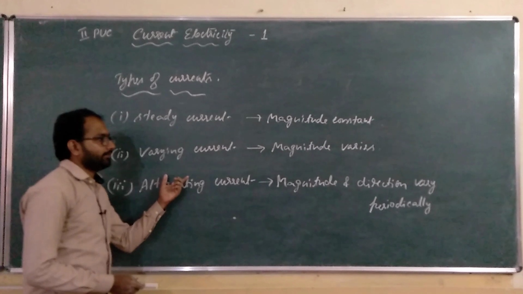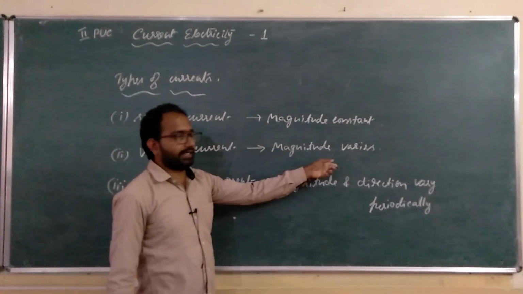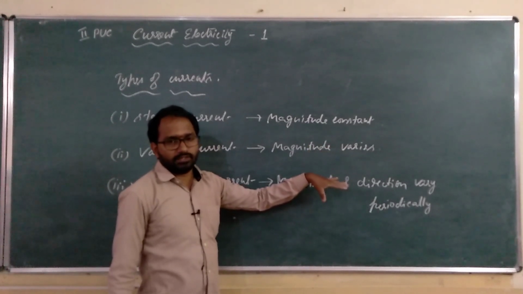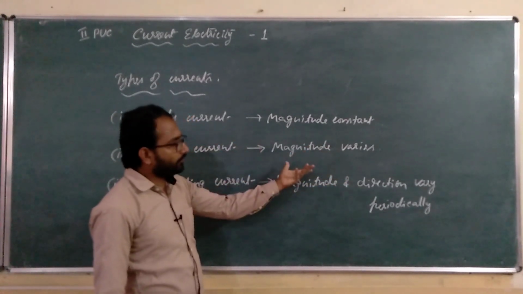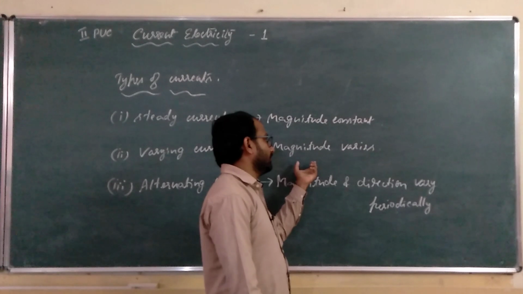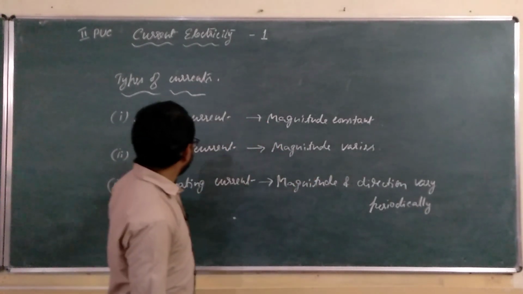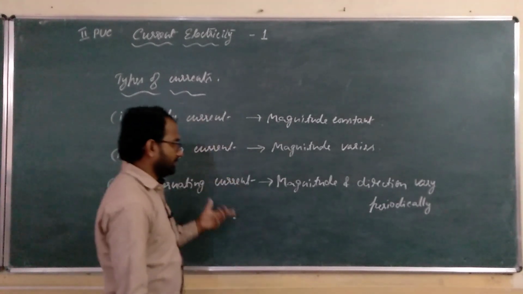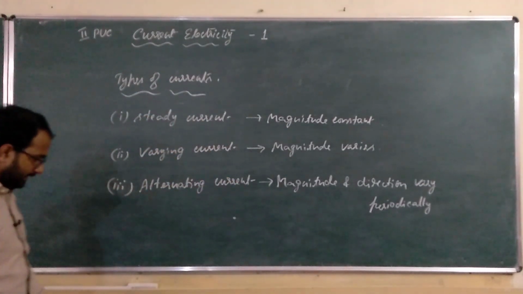In general, varying current means the magnitude or direction varies with respect to time, and if they vary periodically, then it is called alternating current.